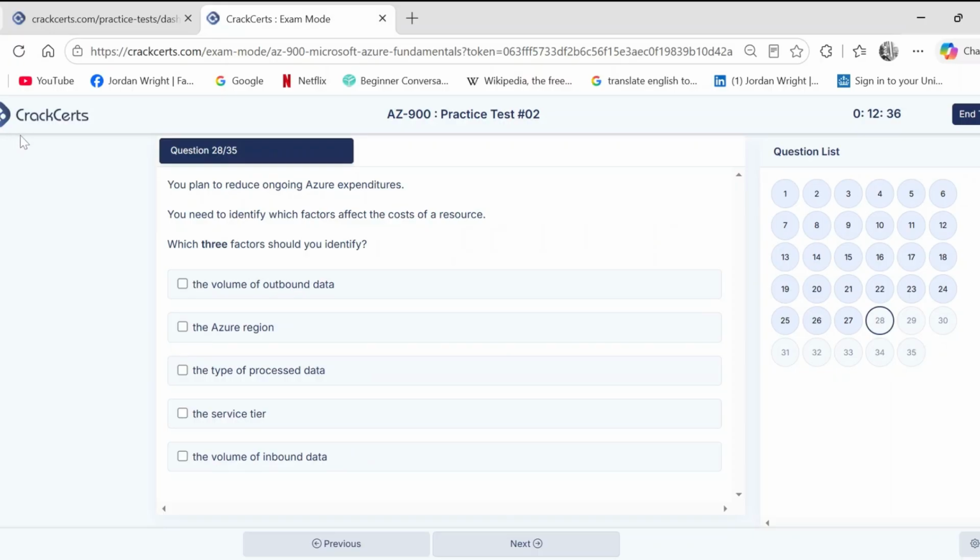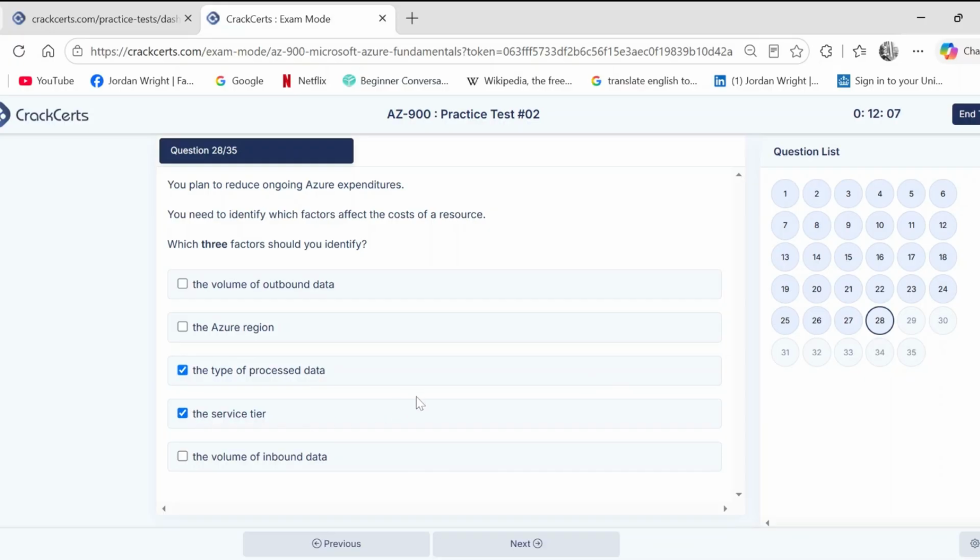Plan to reduce expenditure. Okay, we got three. I think it's going to be the type of process data. Maybe the service tier, obviously.